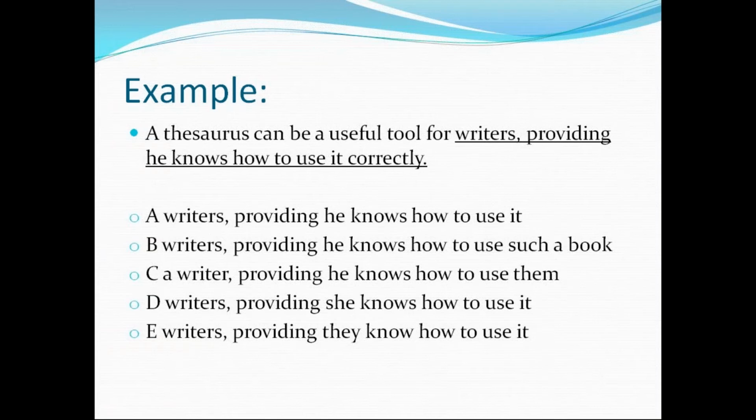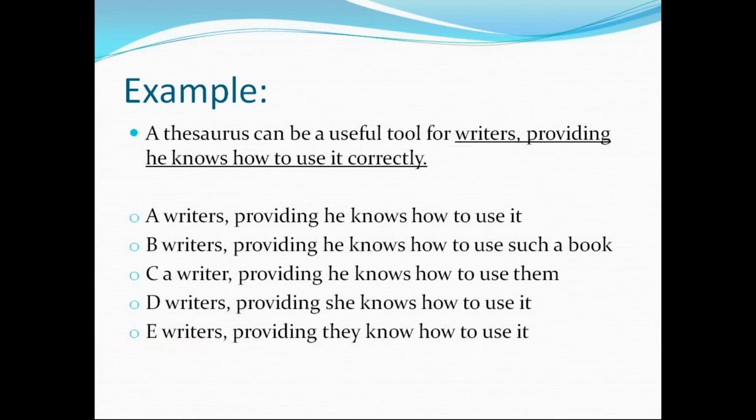Thesaurus, we cannot identify if this is male or female. No, a thesaurus is just a book. But really, you don't need to know what a thesaurus means to be able to do this question, because the problem here is a problem of grammar.